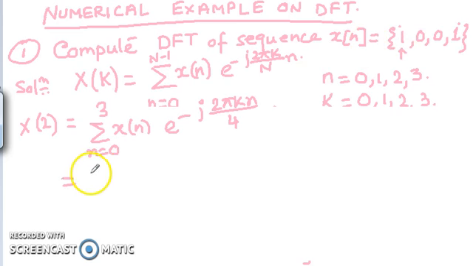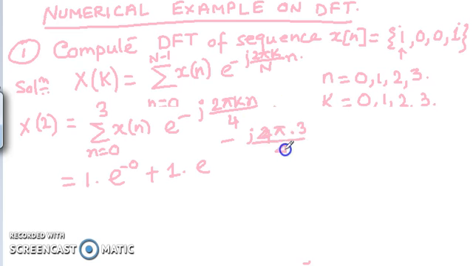The first term x0 is 1, and k is 2 but n is 0, so it will be e to the power 0. The fourth term is 1 times e to the power minus j 2 pi, the value of k is 2, divided by 4, and the value of n is equal to 3.